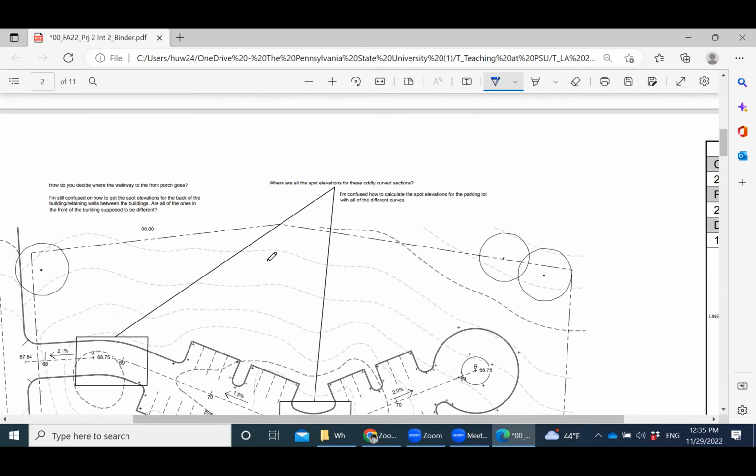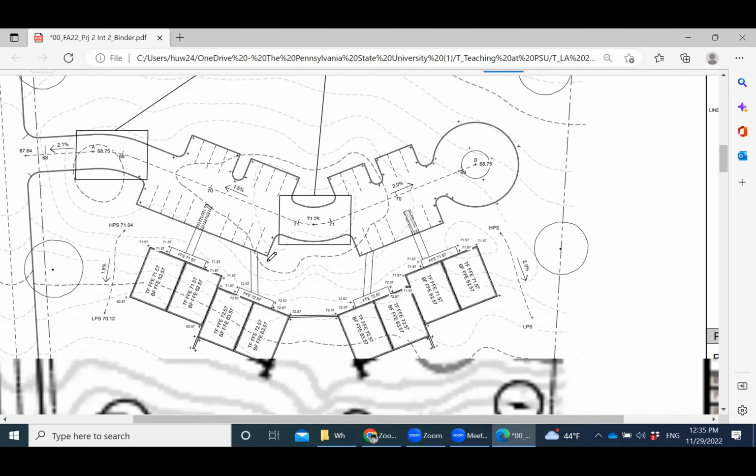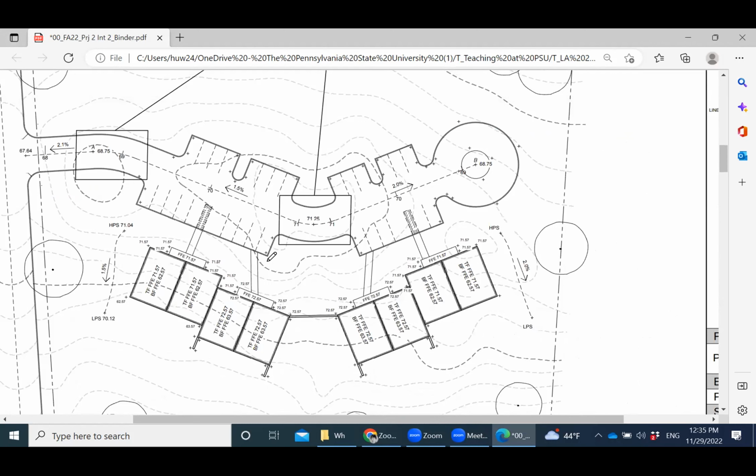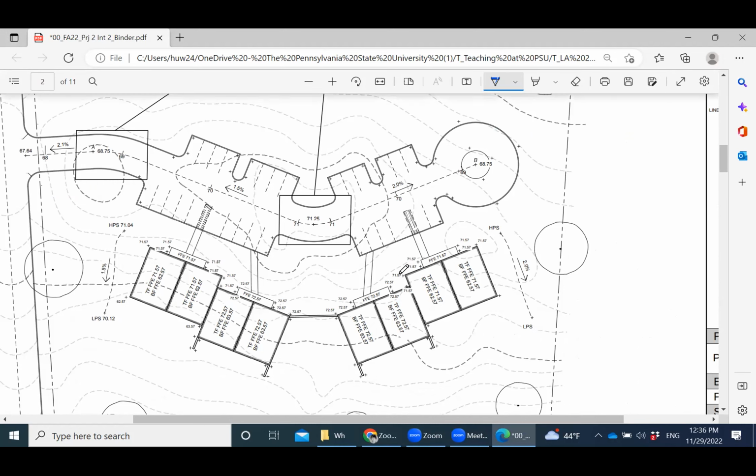So how do you decide where the walkway to the front porch goes? This looks okay. They're roughly connecting to the middle of the porch.